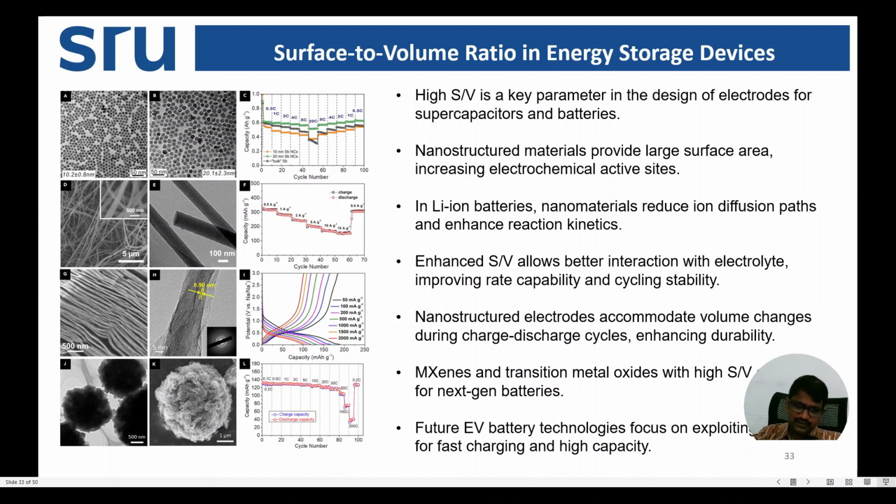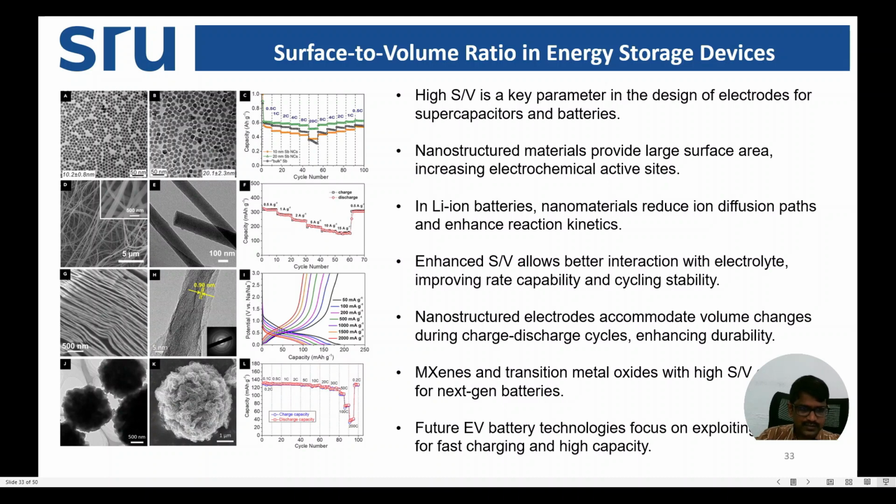These different nanostructured materials provide large surface area, so obviously the electrochemical active sites will increase. Once the electrochemical active sites increase, the battery can store more energy.